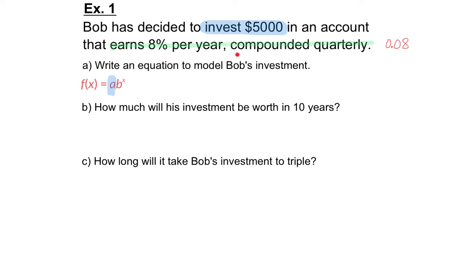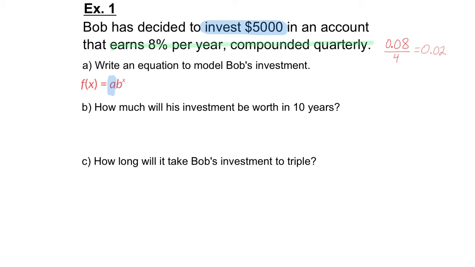But that's not the growth rate. Notice this, it's compounded quarterly. So if it's 8% per year, what percent is it per quarter? Well, we got to divide that by 4. So we have 0.08 divided by 4, which is 0.02. So really, each quarter, the amount of money is growing by 2%. But that's not our growth rate.